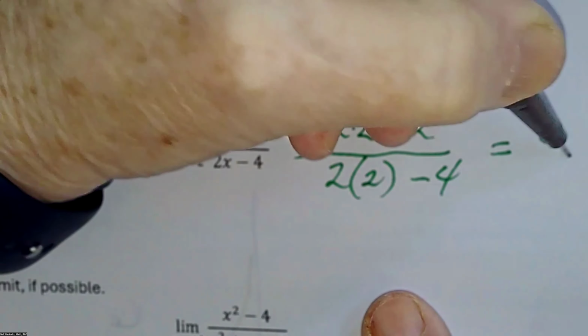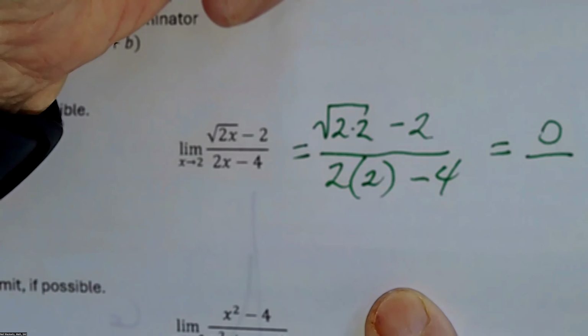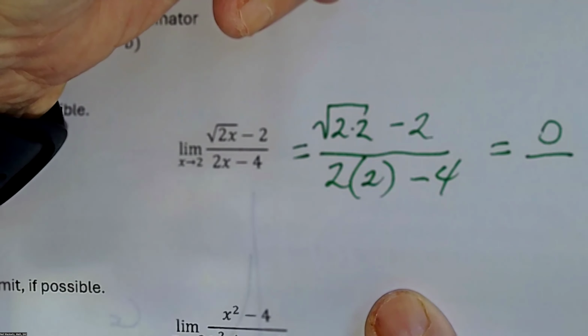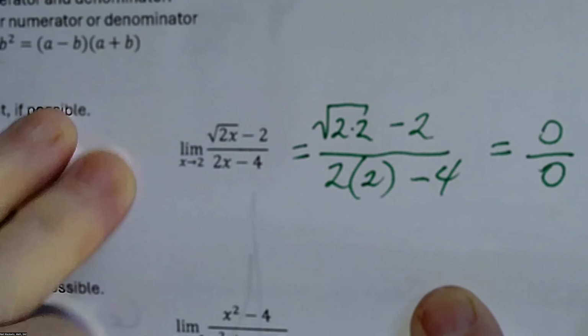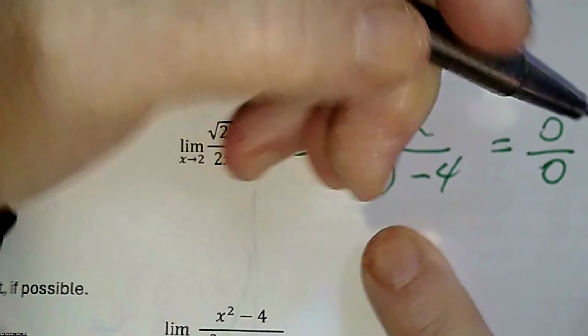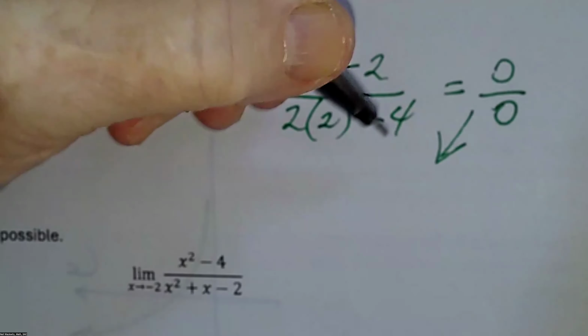Good. And in the denominator? Wouldn't it be 0? Yes. Almost always, when you get 0 over 0, it means there's a common factor that can be divided out.